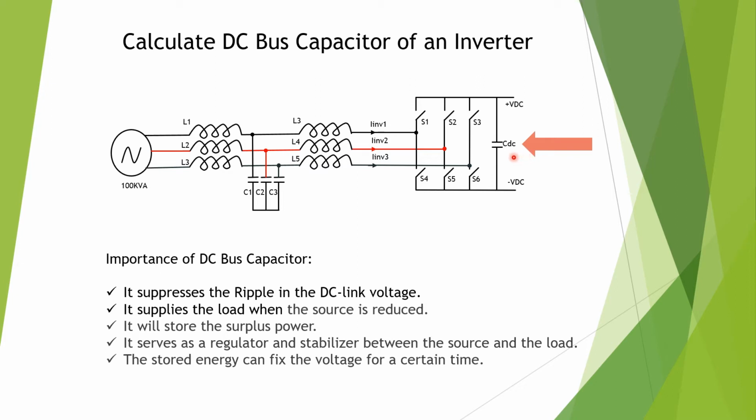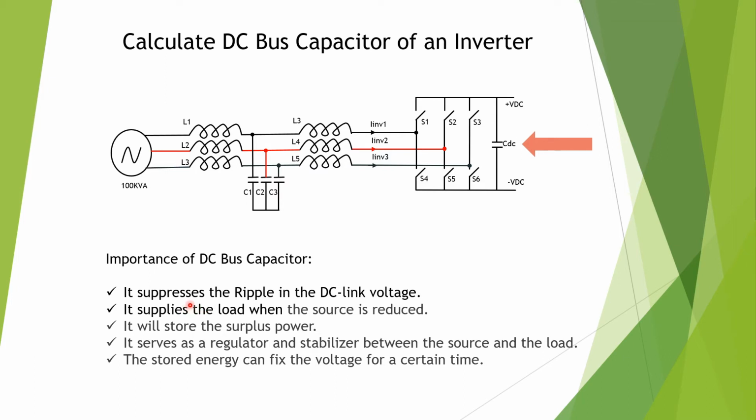Before calculating the DC capacitor value, we will see the importance of the DC bus capacitor. It suppresses the ripple in the DC link voltage. It supplies the load when the source is reduced.